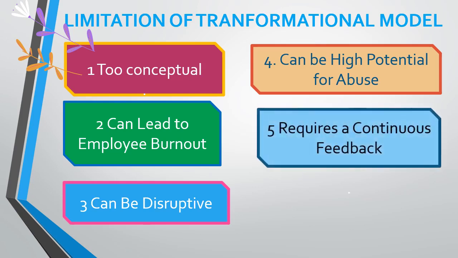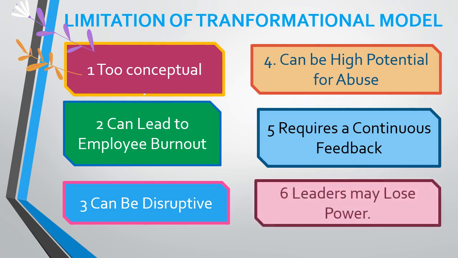Fifth limitation, requires a continuous feedback loop. Transformational leaders rely on keeping enthusiasm levels high, and that takes a lot of work and a lot of meetings and feedback to be successful. Sixth limitation, leaders lose power if people disagree with them.